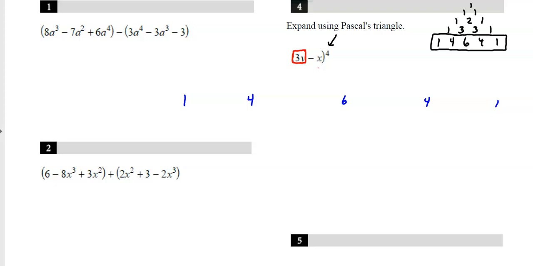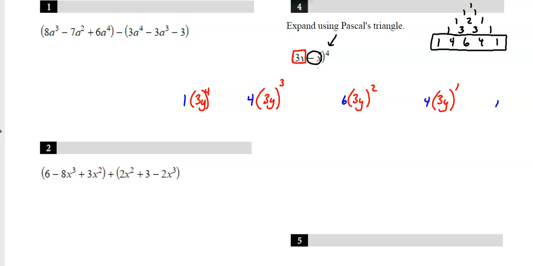and I'm going to put it in parentheses, so that's a 3y. I'm going to start with the 4th power, and then I'm going to do it to the 3rd power, and then the 2nd power, then the first power. I don't need to do it to the 0 power because it's just going to be a 1, so I don't even write it there. Then you go to the next piece, this negative x term, and you start writing that one, and it's going to build itself up.